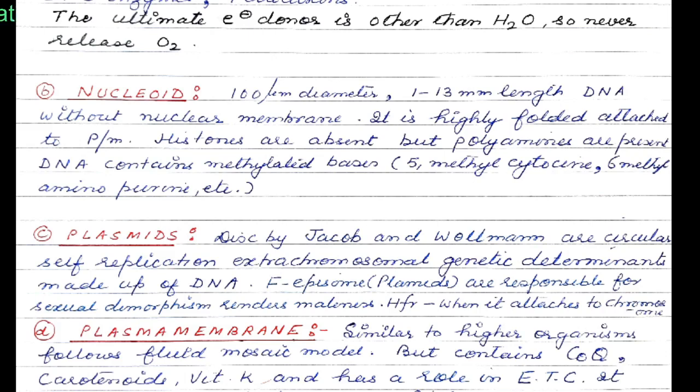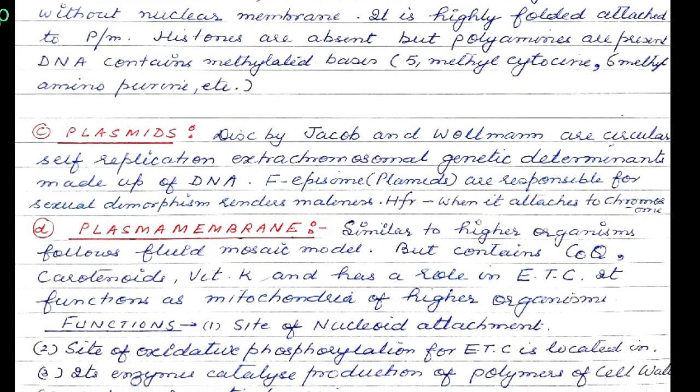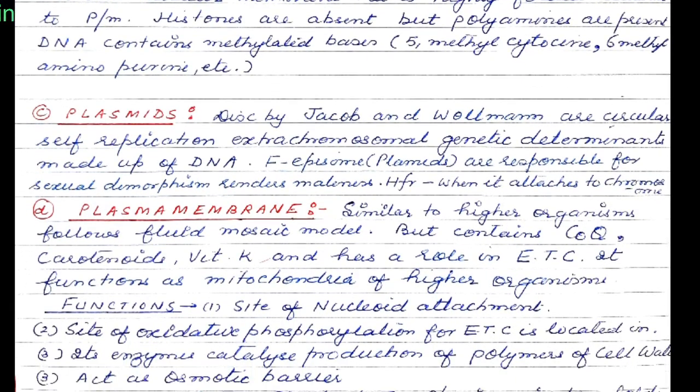If we take out the plasmid from the bacterial cell, it won't affect its survival. And it is the plasmids, I told you in the previous lecture, that afford the sexual dimorphism or maleness to the bacterial cell in which they are present.